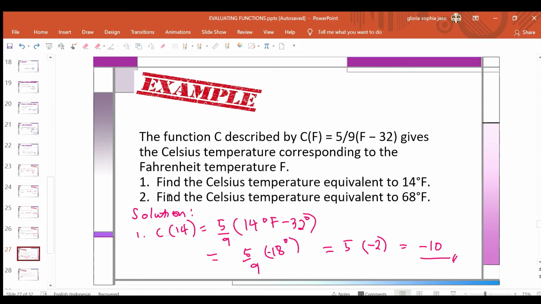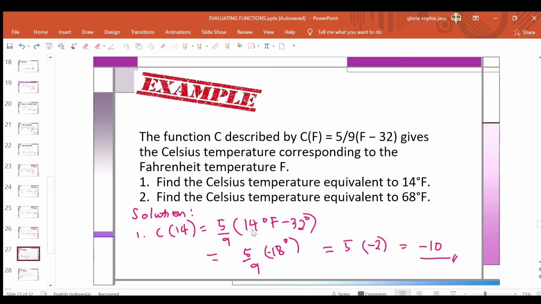So, for number 1, so we will be evaluating if F is 14 degree Fahrenheit. So, substitute lang natin. Yung C of 14 natin, substitute lang natin si 14 degrees Fahrenheit. So, 5 over 9 times 14 degrees Fahrenheit minus 32 degrees.